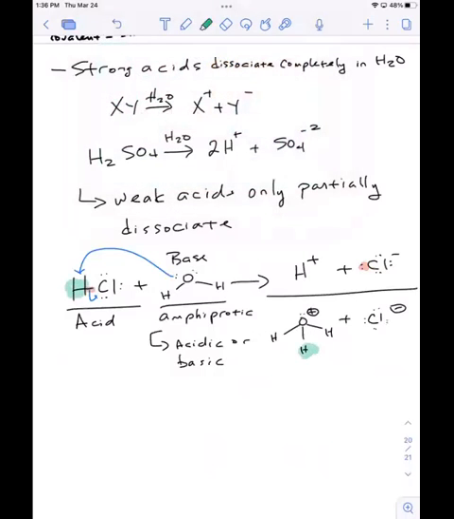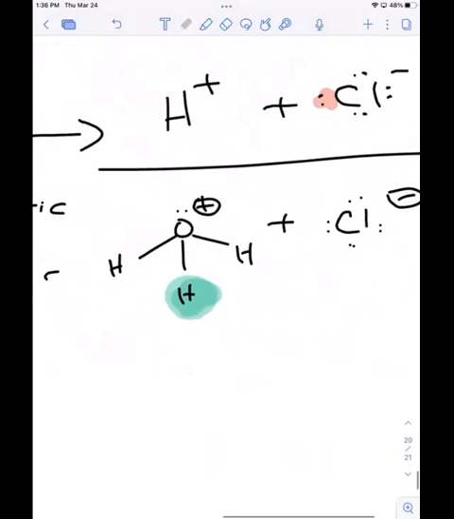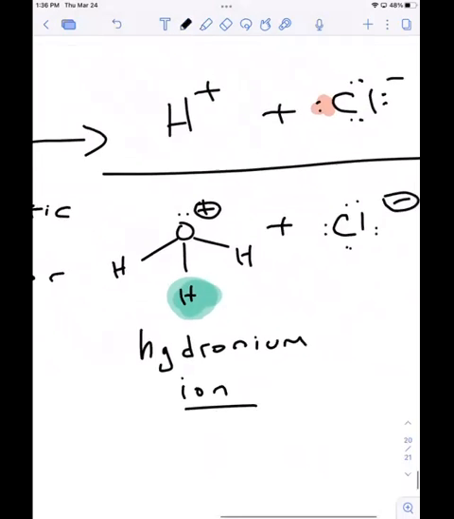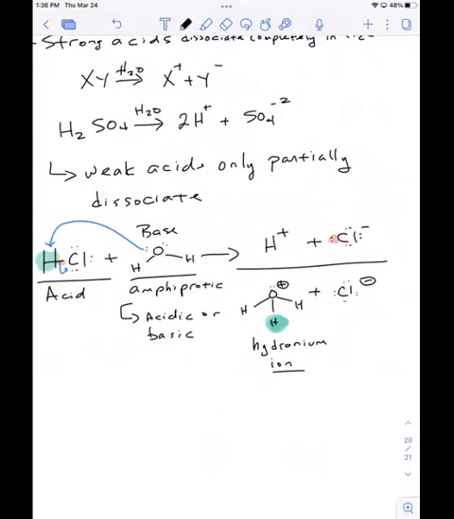So water becomes H3O plus, acting as your base, and that proton gets transferred to water. This is what we call a hydronium ion. And anytime water is acting as a base, the hydronium ion is going to be formed.